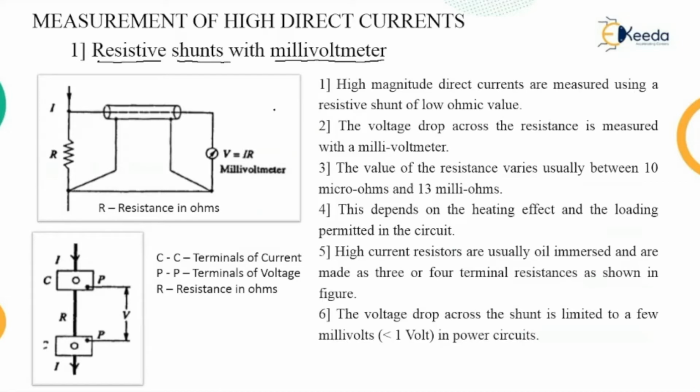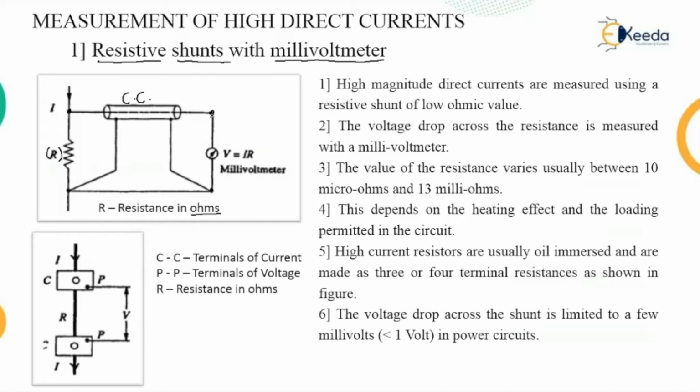For that purpose, you can refer to the circuit given here, where R is the resistance in ohms. There is a connecting cable used. This connecting cable connects to this particular terminal called the current terminal, and across that a voltmeter, that is a millivoltmeter, is placed.